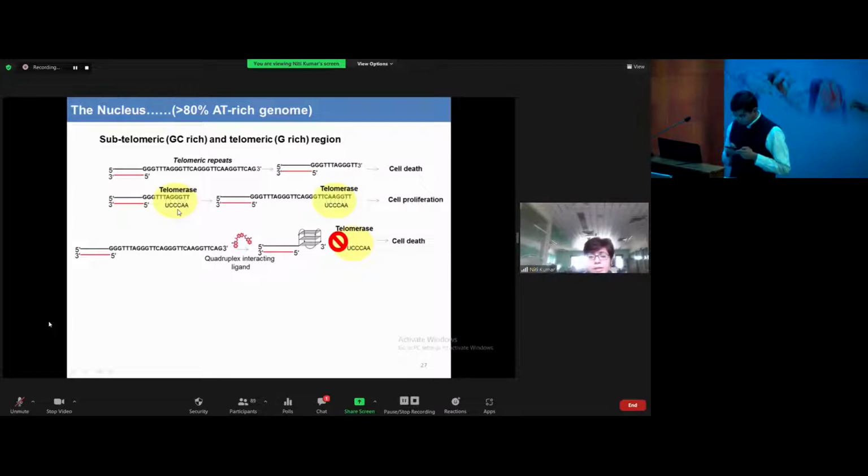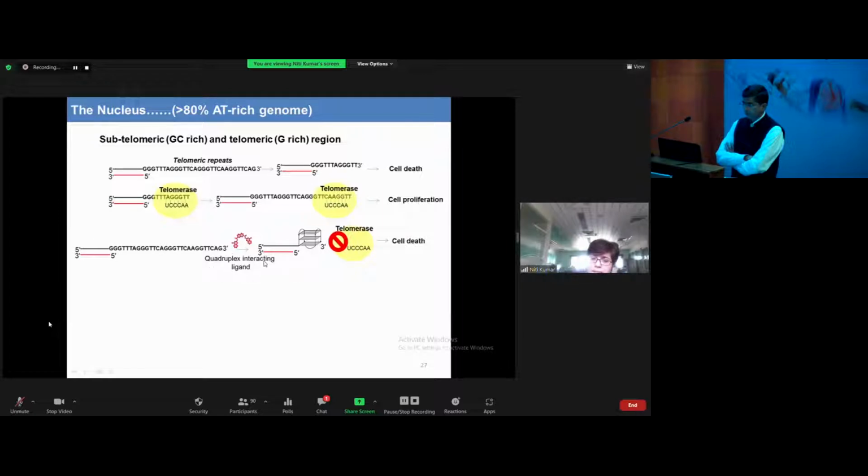Unlike humans, where telomerase is only expressed in cancerous conditions or in certain germ cell types, parasite telomerase is expressed in all the stages. If we want to perturb the telomere dynamics, we can target these telomeric ends, which are G-rich and have the propensity to form secondary structures.